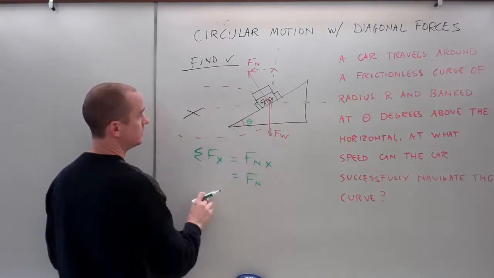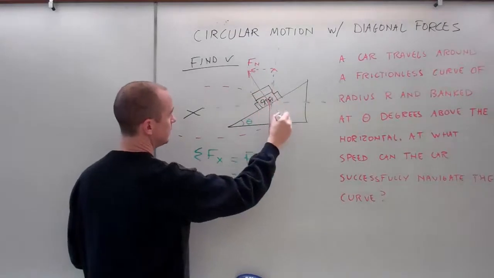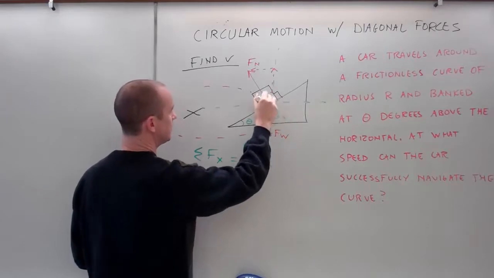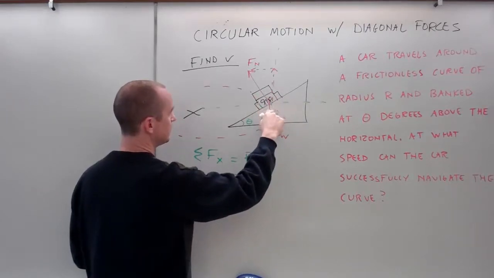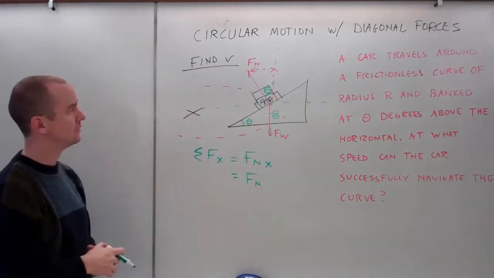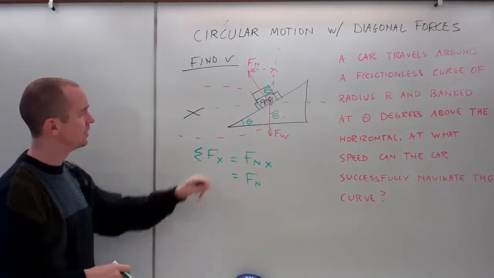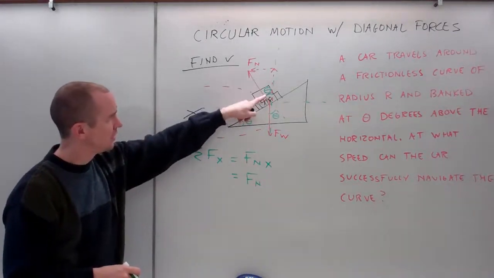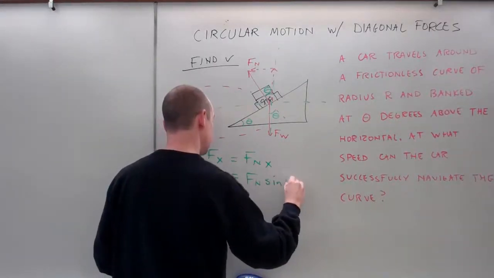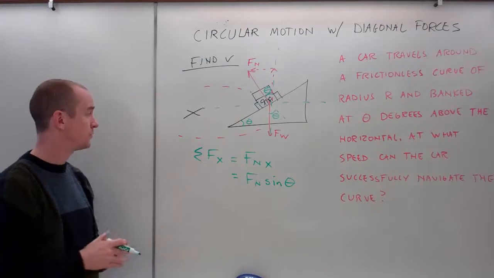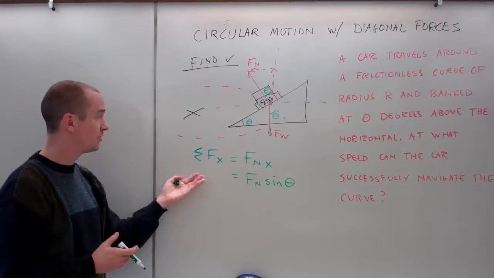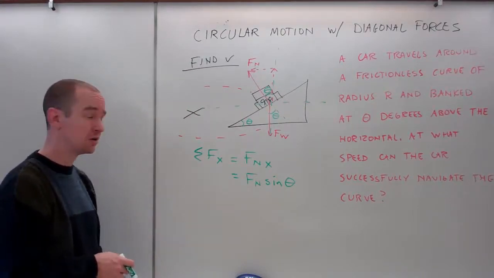If that's theta, I know that's theta, which means this angle right there is theta. Therefore, it looks like I'm going to be using opposite. Looks like I'll be using sine theta. What are my total forces equal to? Well, this is the forces acting centripetally, so my total forces must be equal to mv squared over r.